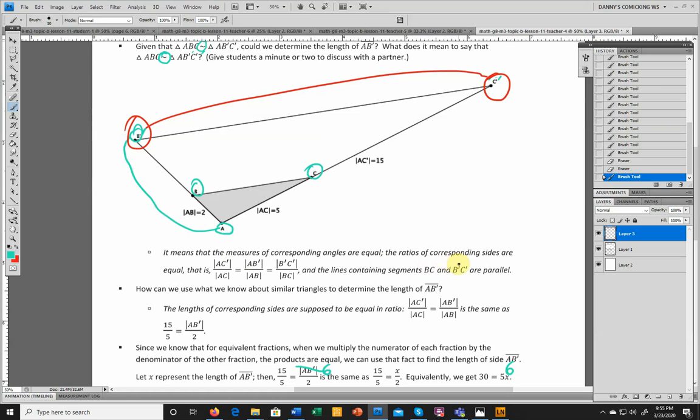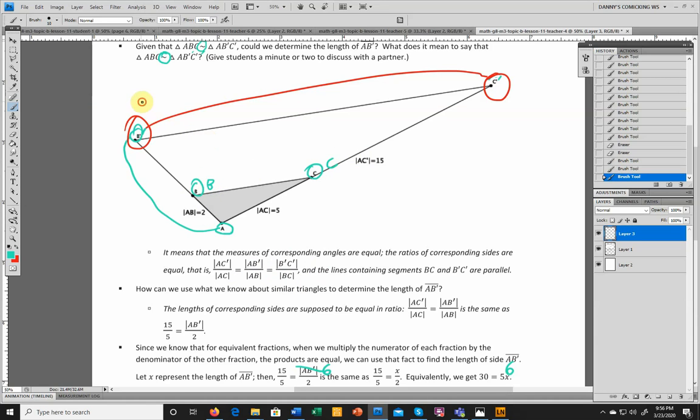The ratios of corresponding sides are equal, so that is AC prime over AC, AB prime over AB equals B prime C prime, that's here, over BC, that's here.